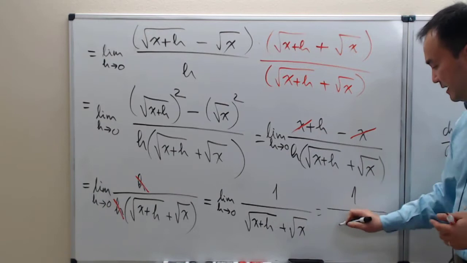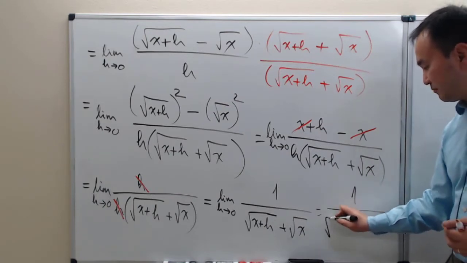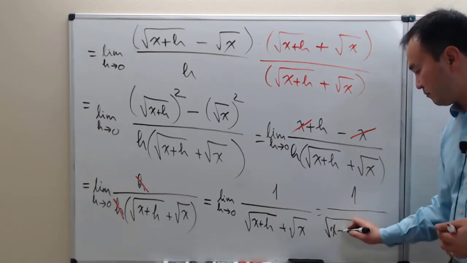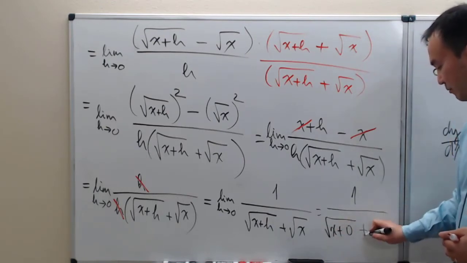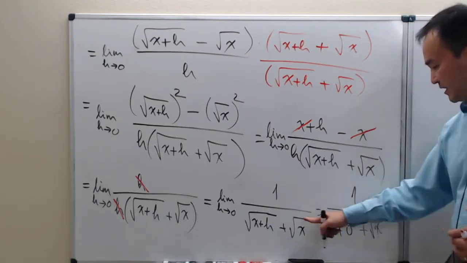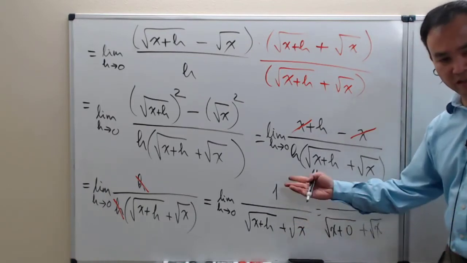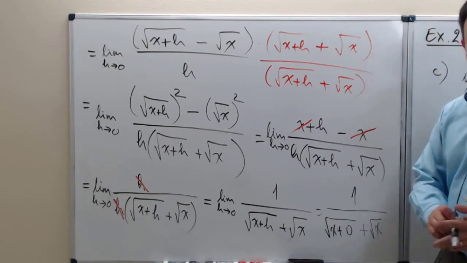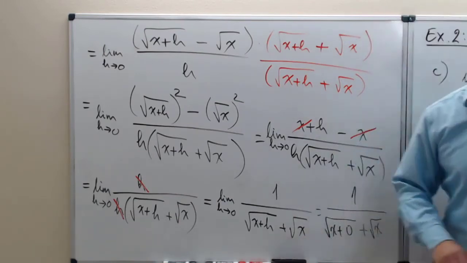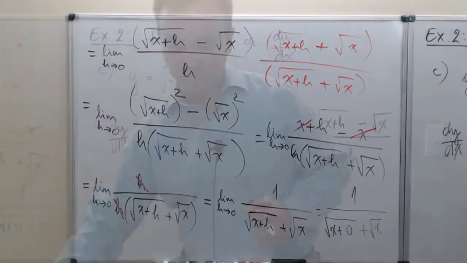In the denominator, eventually it will become square root of x plus 0 plus another square root of x. The next term here is completely independent, so we don't even have to bother with having h in that or not.